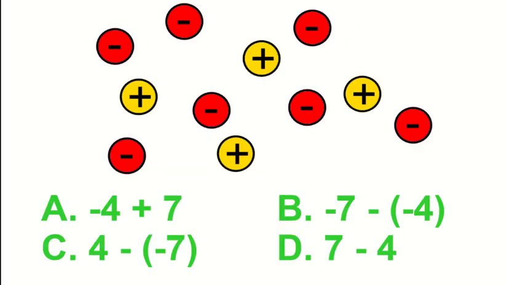All right, so you're almost more likely to see it this way, though, with those little plus minus circles. So which expression is modeled by those circles? Sometimes they call those circles charges.